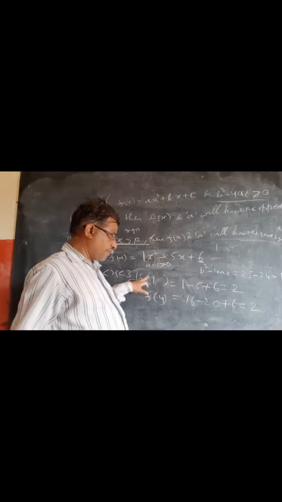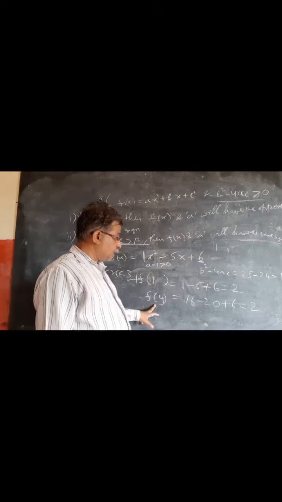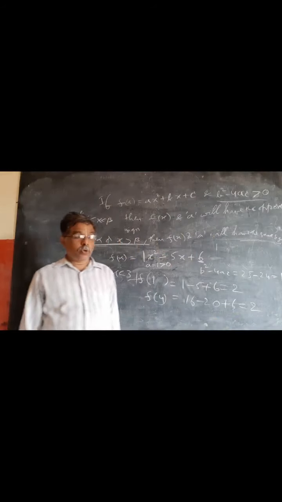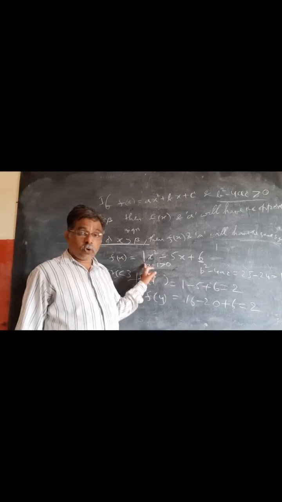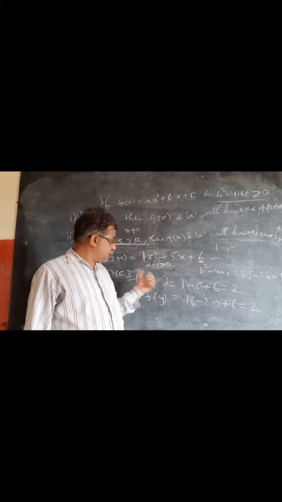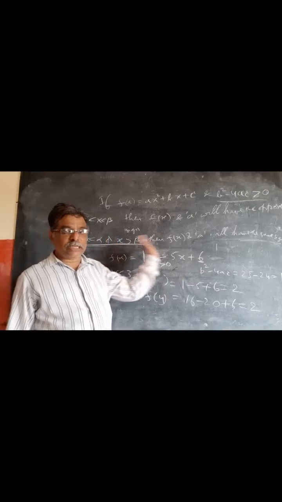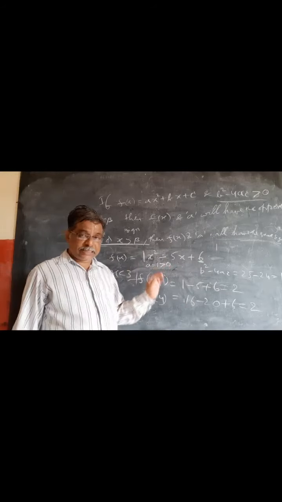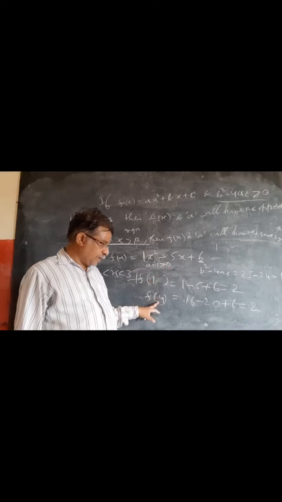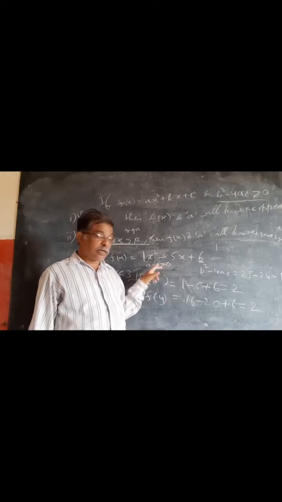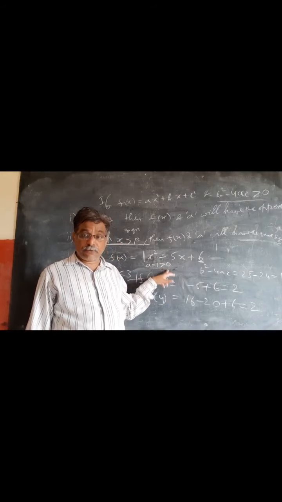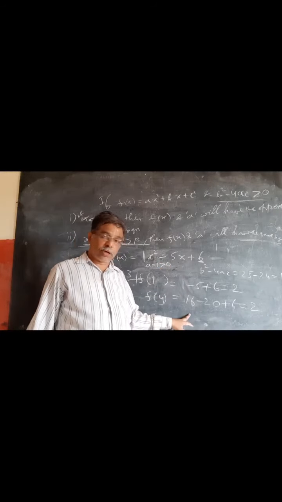Observe, f of 1 I am getting as 2, f of 4 I am getting as 2. Both are more than 0 as a is more than 0. Means if x does not lie between 2 and 3, x is on the left side of 2 or the right side of 3, then f of x has the same sign as that of a. A is positive, and these two are positive.